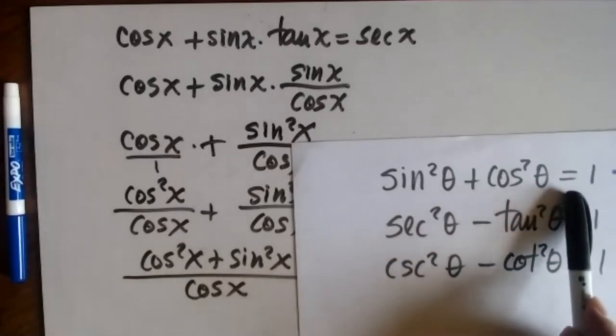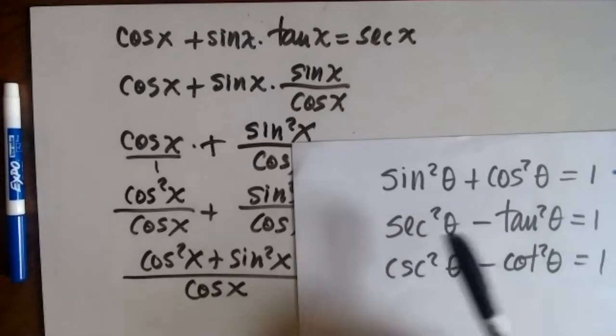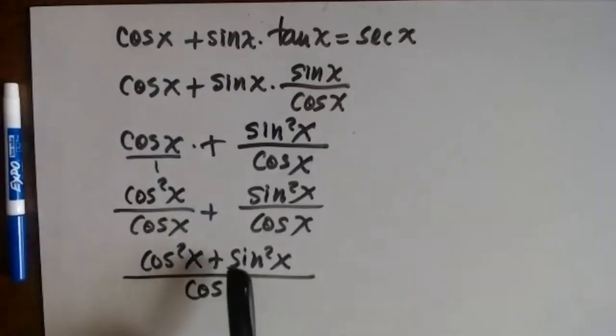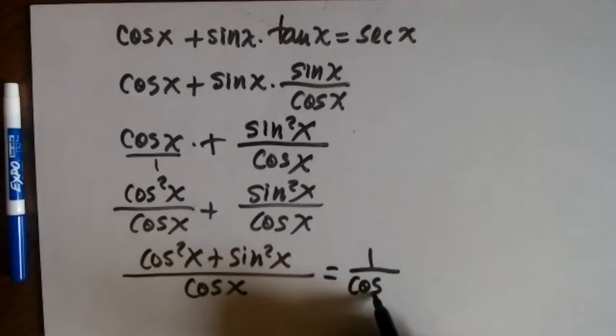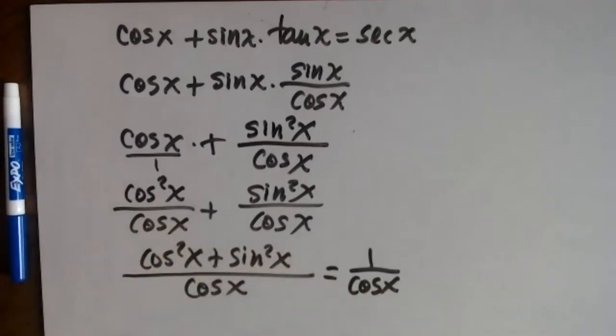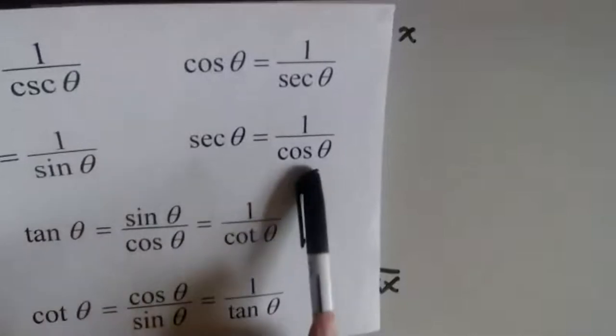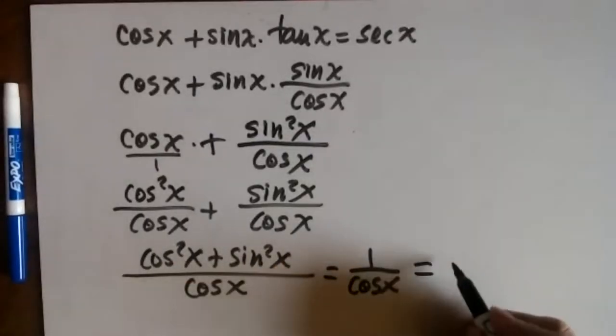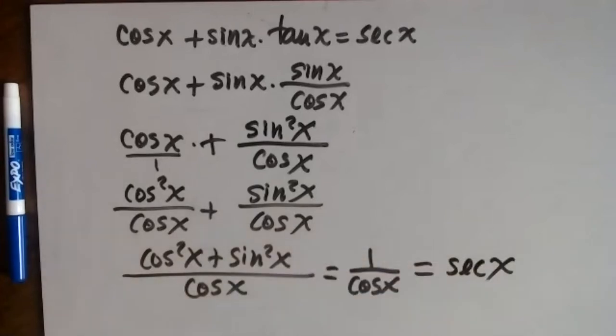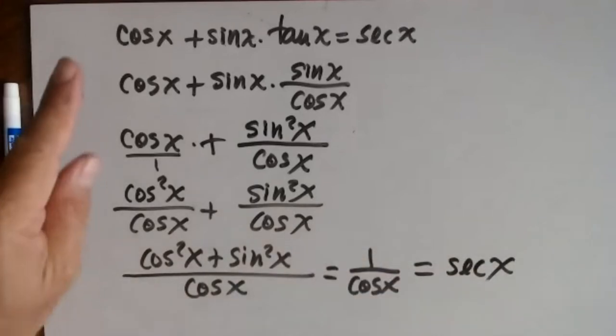Cosine squared plus sine squared is also 1. So this is going to equal 1 over cosine x. But what is 1 over cosine x? 1 over cosine x is secant. So this is secant x.